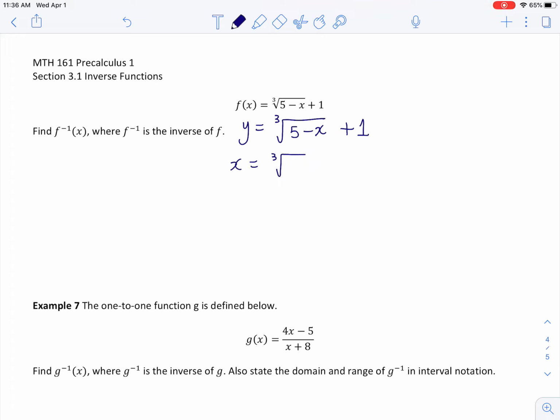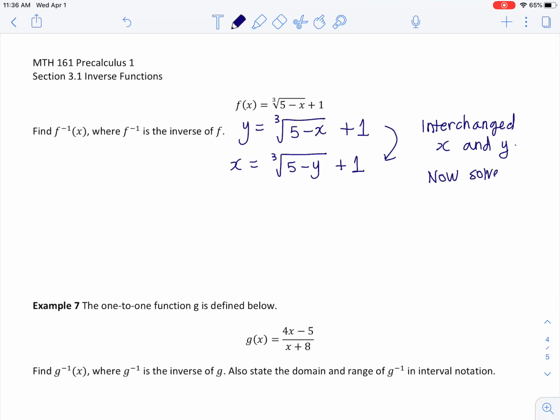Let's switch x and y. That's step number 2. x equals cube root of, what's inside? 5 minus y, plus 1. Now we're trying to solve for y here. What we just did for step 2 is we interchanged x and y.